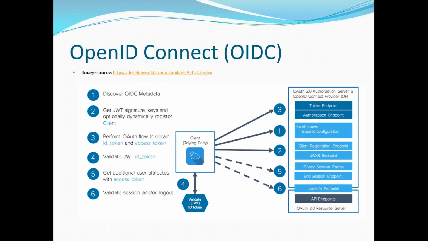OAuth2 by itself does not provide a complete solution for securing an API. OAuth2 is only an authorization framework. We have been talking about authorization. To give authorization, the server must know who is asking for the resource. And for that, we need authentication, which is to validate who you claim to be. It is also called role-based access.